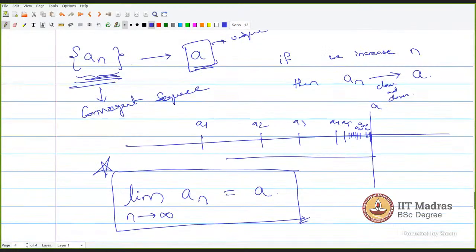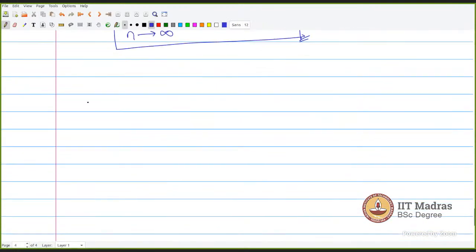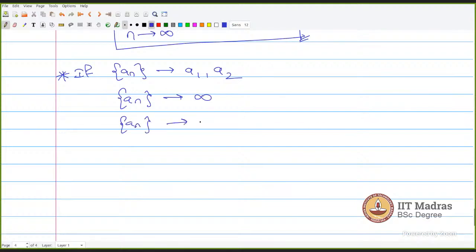If this is not happening, cases are like this. If sequence a_n is tending to two different values A1 and A2, if my sequence a_n is going to infinity, if my sequence a_n is going to minus infinity, if these are happening, then I say this particular sequence, I say b_n, is a divergent sequence.